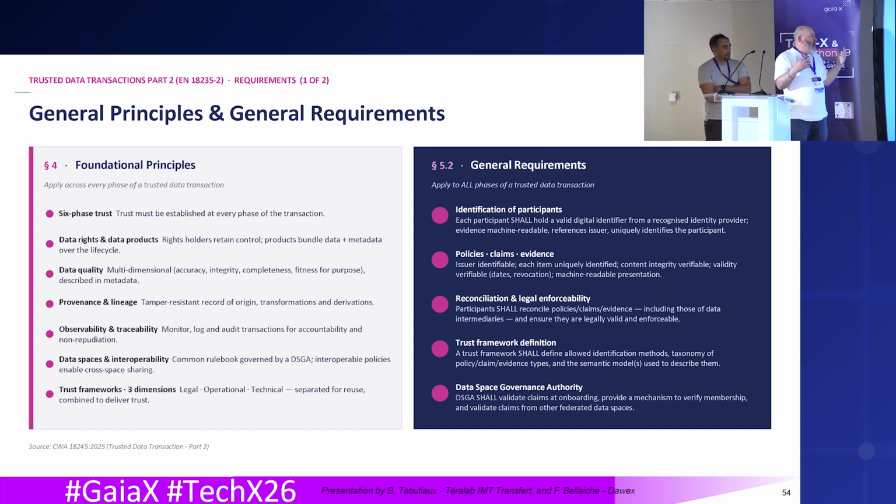The general part covers foundational principles in the way data rights and data are handled: data quality, the provenance and lineage of the data, observability and traceability, interoperability among data spaces, and the needs of a trust group. That's the general idea of this standard. And then it is detailed in more general requirements for all of these topics.